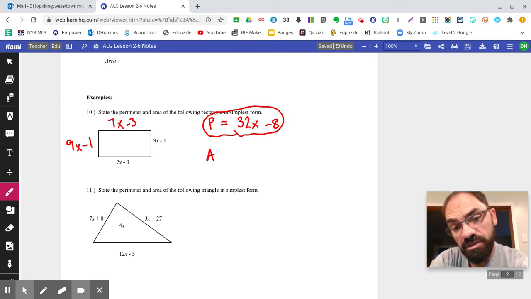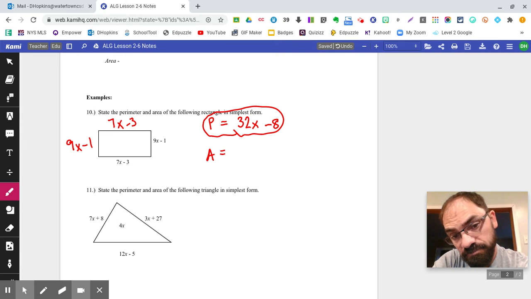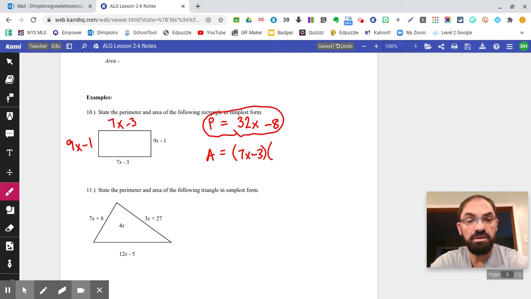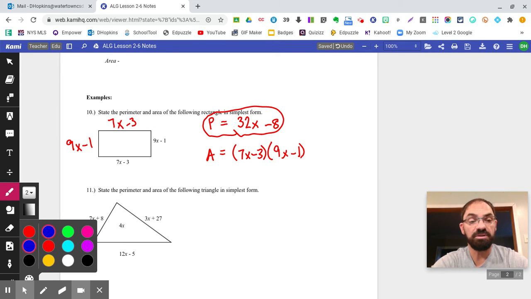The area, though, is base times height. So 7x minus 3 times 9x minus 1. And if you remember, this is where we use the box method.